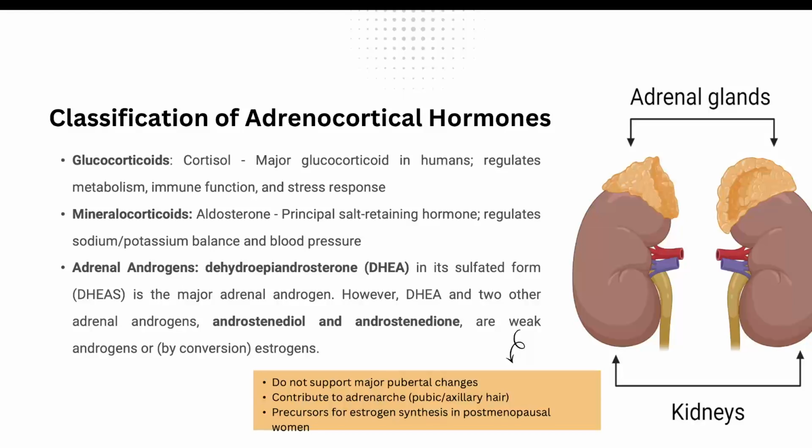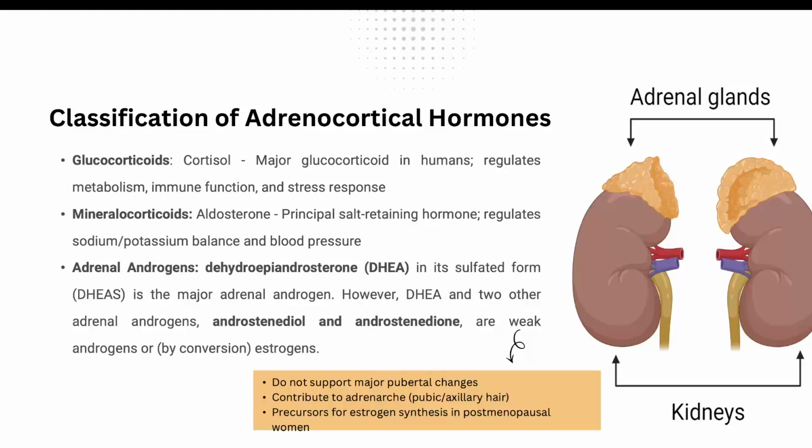If you think this term is long, you can divide it into two or three parts in order to make it easy to memorize. For example, you can divide it into dehydro and epiandrosterone. We have other examples of adrenal androgens, like androstenediol and androstenedione.